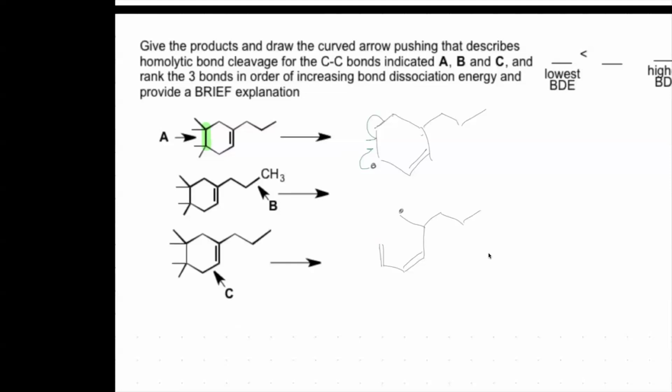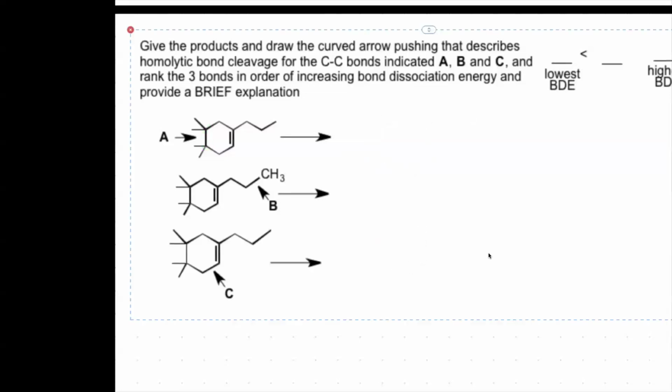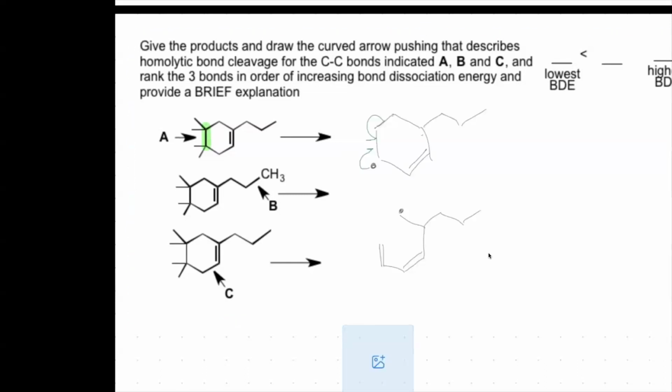Like that's what they're saying. To get resonance, you're not going to break a sigma bond, right? To get that.